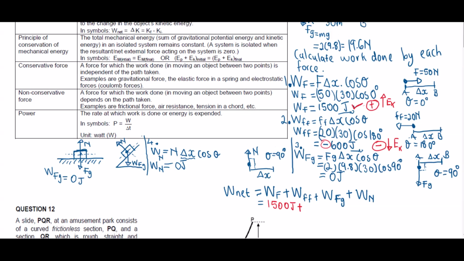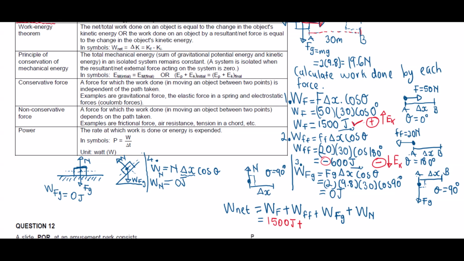So now let's add all our forces here. Let's add all the works done by the forces. So this one is going to be negative 600 joules. And then the work done by gravity in the situation was 0 joules. And then the work done by the normal was also 0 joules. So what is the net work done here by all the forces that are acting on the object?